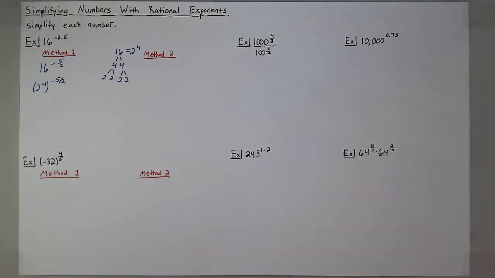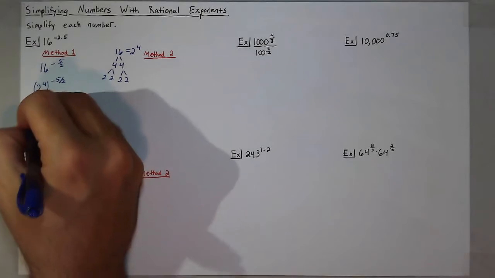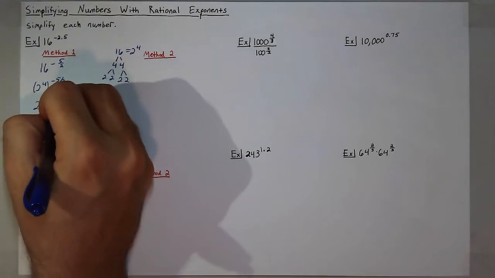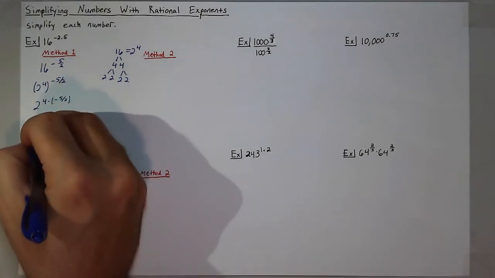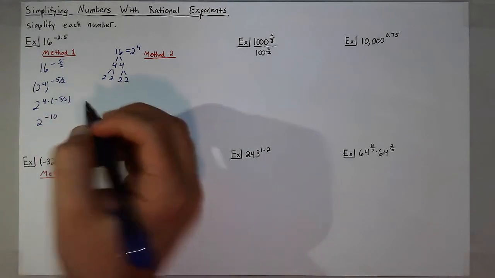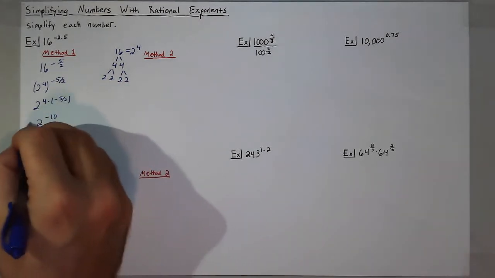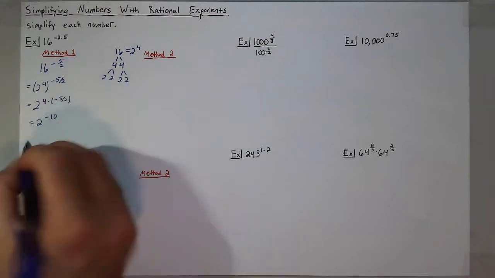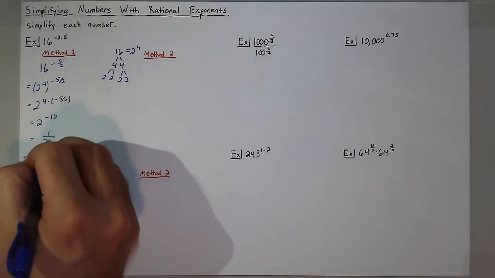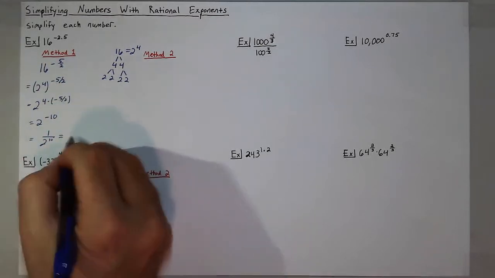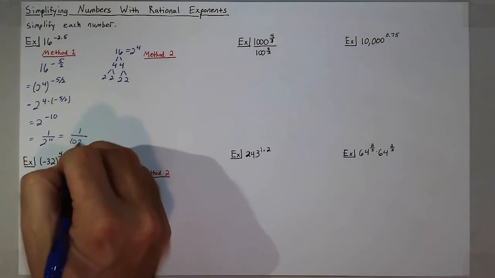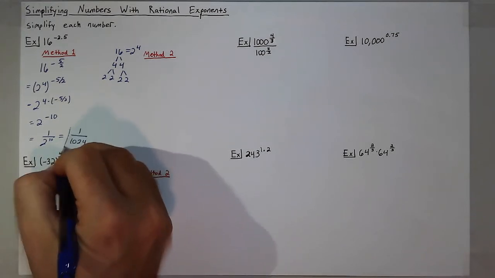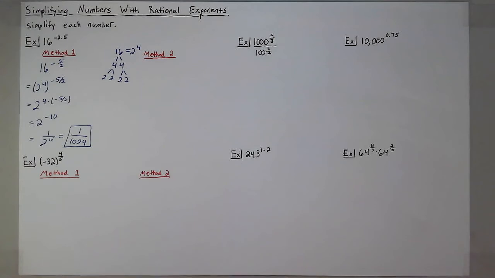And then you can multiply their exponents. So 4 times negative 5 halves is 2 to the negative 10, which can be rewritten as 1 over 2 to the 10th. And 2 to the 10th power is 1024. So that's one way you could simplify that exponent.